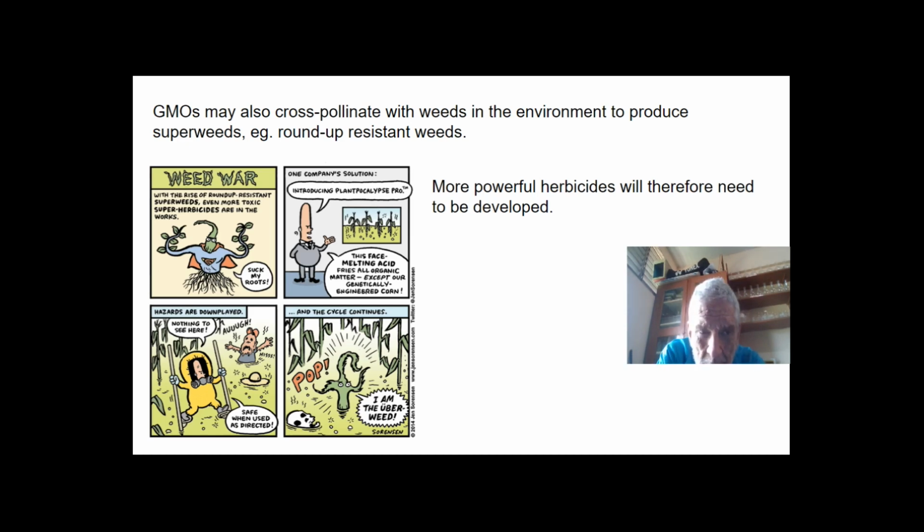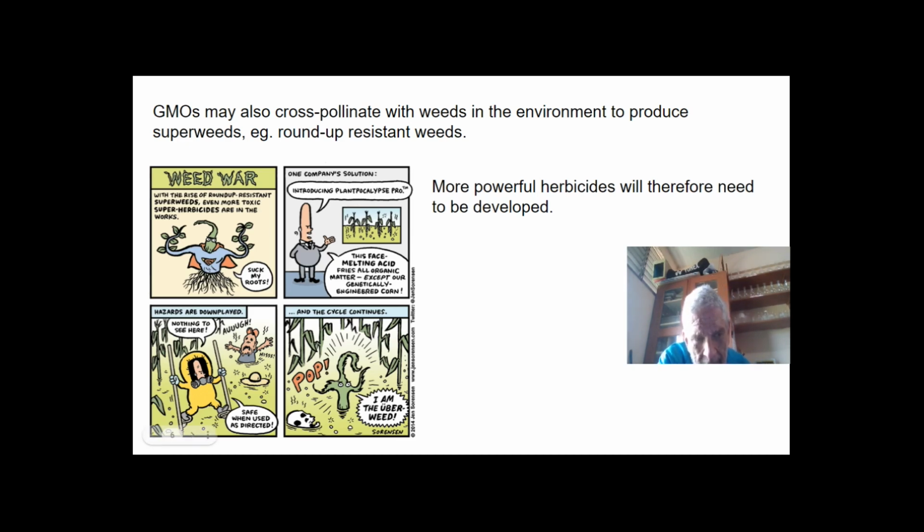So you produce a super herbicide to fight off the super weed. And then you'll get a herbicide which more or less destroys all organic matter except the genetically engineered corn or whatever it is.